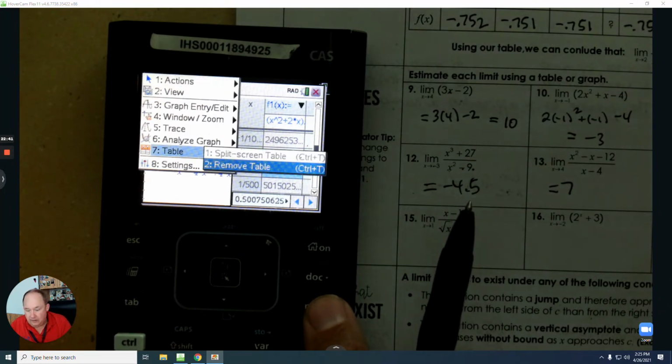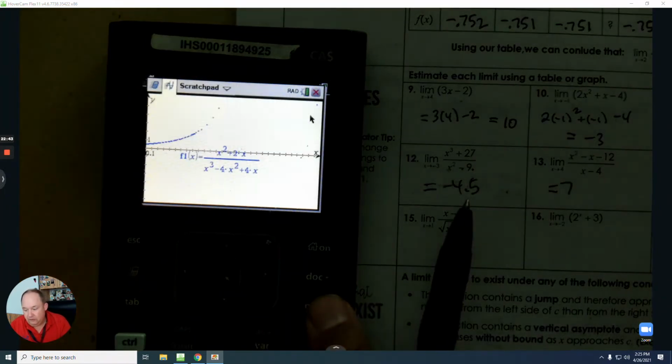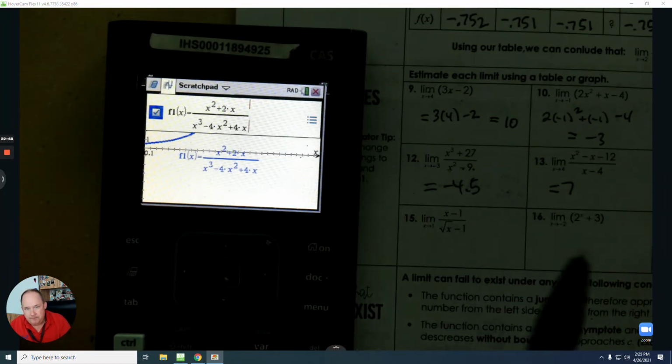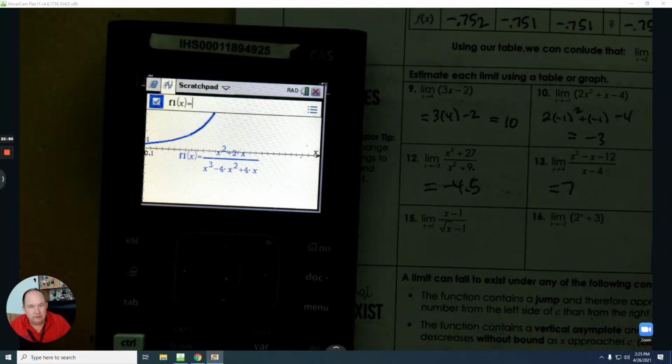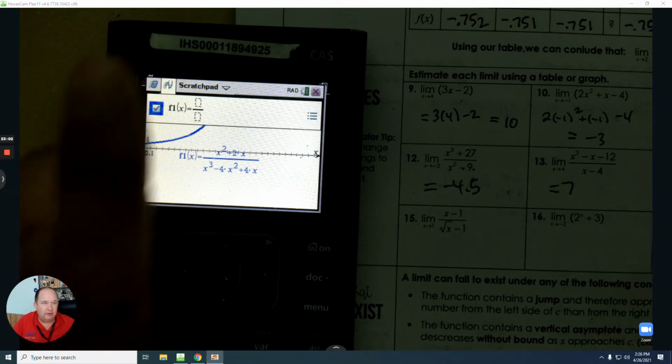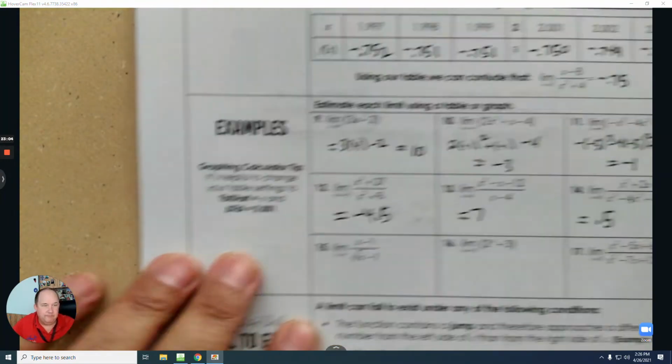So sometimes I have to remove the table, then I'm going to change what the function is. So press tab, and then if I remove this, you can see what we're doing. Now I wonder, let me try this.